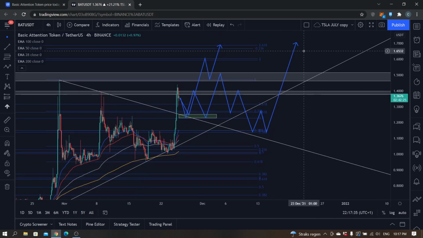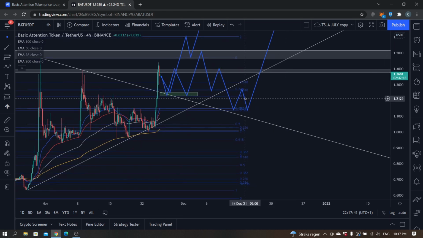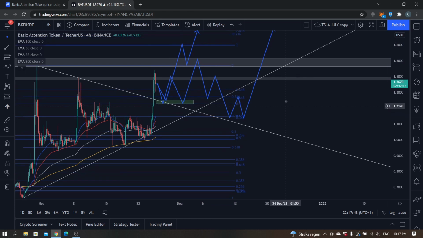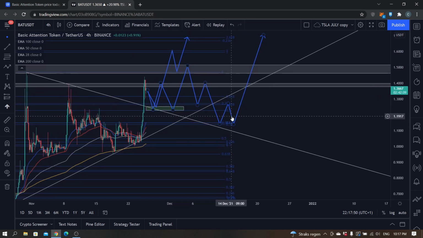I still think that we are going to reach 1.7. I'm quite sure, but in this scenario it would just take a little bit more time, which we do have in this bull cycle of the whole crypto market, I think, but still, this is just not ideal.